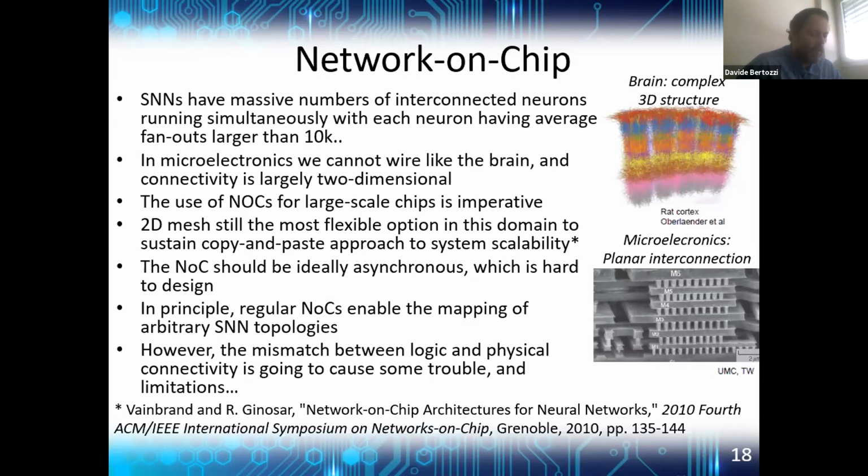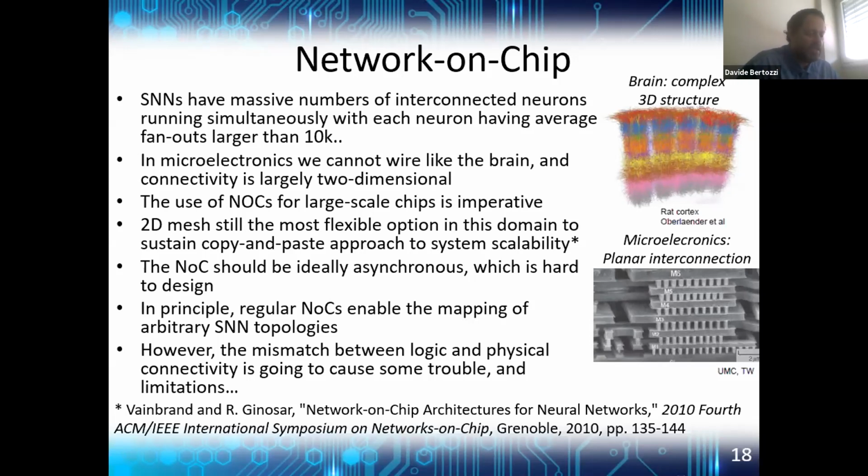However, as we will see in the slides that will follow, there is a clear mismatch between the possibly huge number of logical spiky neural network connections and the available physical connections.